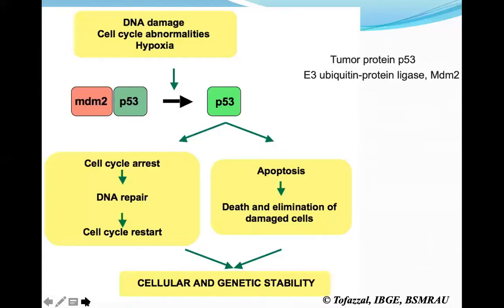So with DNA damage, cell cycle abnormalities, or hypoxia, if damage has taken place, p53 monitors it, and the cell does not go for division, because if it is not repaired, first the repairing process is done and the cell cycle restarts. After repairing, if it is impossible to repair, then apoptosis takes place.